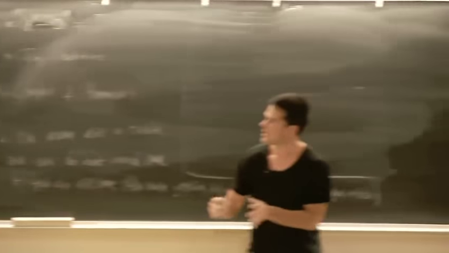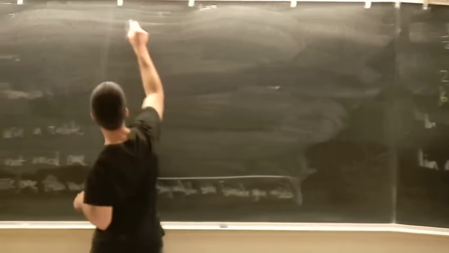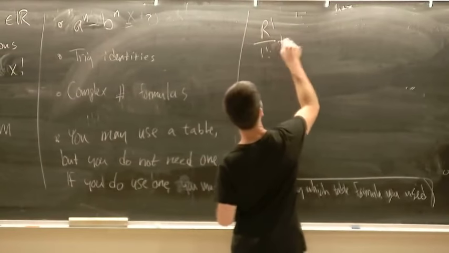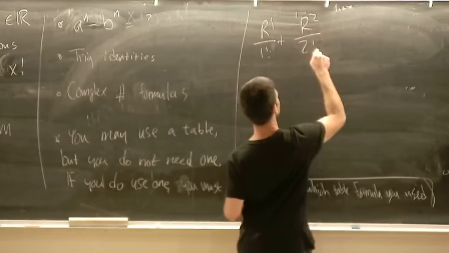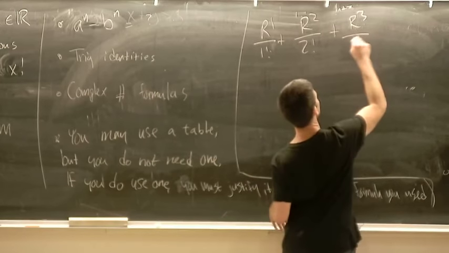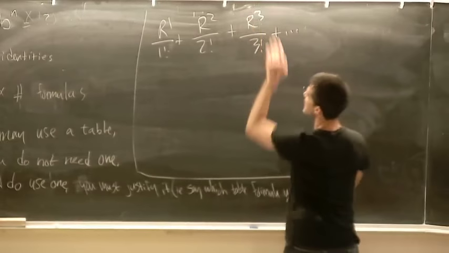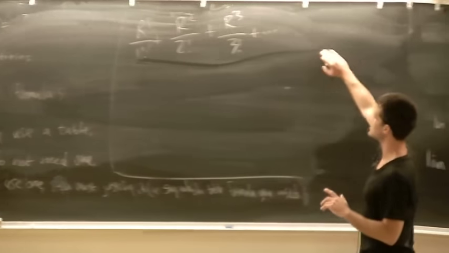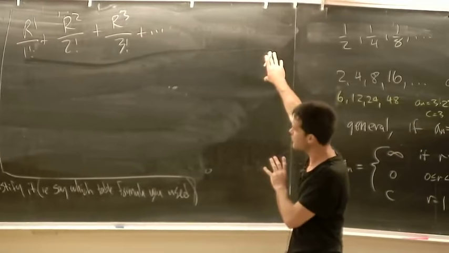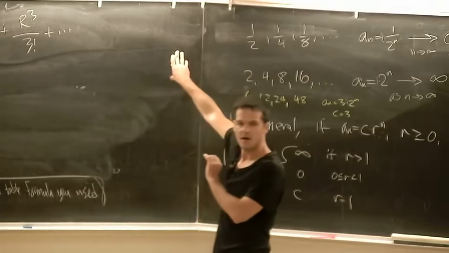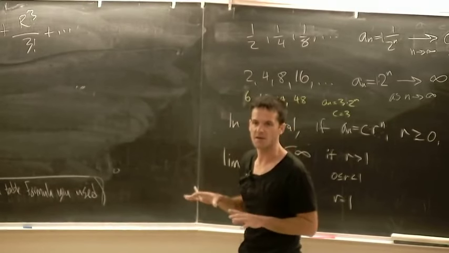Not only that, it goes to 0 so fast that I can add up, say, r1 over 1 factorial plus r2 over 2 factorial plus r3 over 3 factorial plus dot, dot, dot. I can add up all these numbers, an infinite number of them, and I'll still get a finite number.